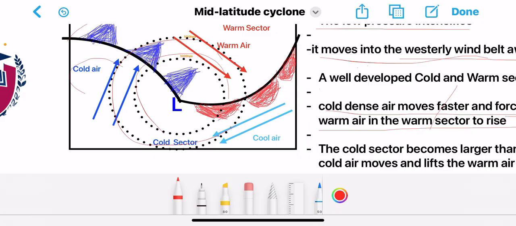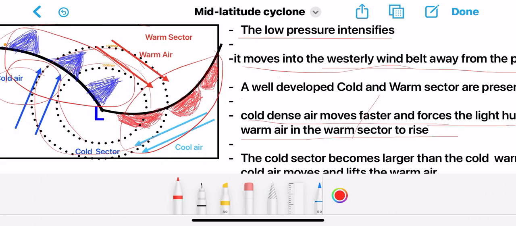Remember, cold air is dense, it's heavy. Now when it is heavy, remember the cold front, behind it, it is being approached or pushed by what? By cold air. Now this cold air, because it is heavy, it pushes the cold front to become faster than what? Than the warm front. That is why the warm sector is smaller than what?